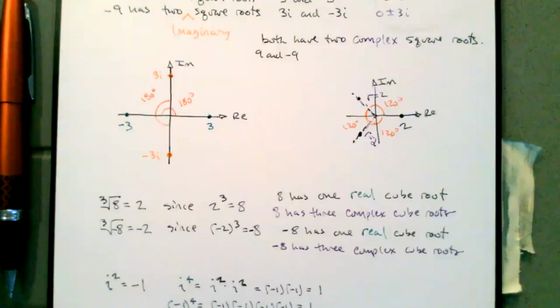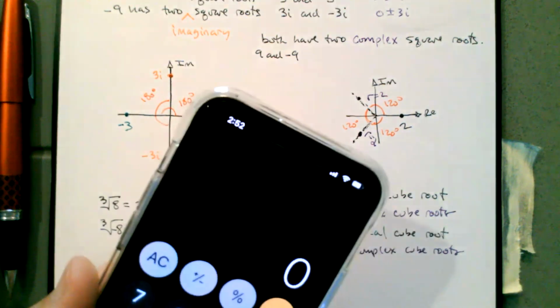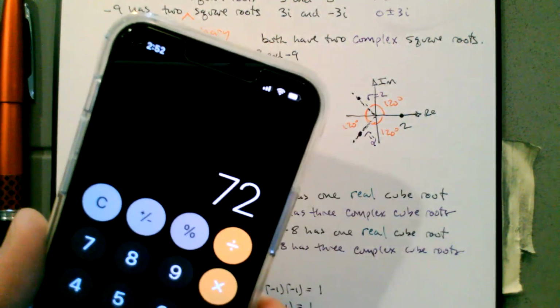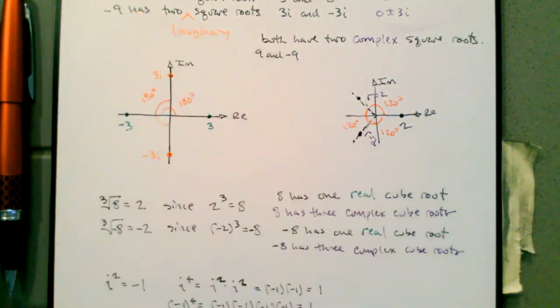That means we can also figure out if we have a fifth root, say the fifth root of 32, there should be 5 of them, and 360 divided by 5, they'll be 72 degrees apart. This is one of my favorite things to look at in trig. How organized the complex numbers are, how they're all evenly spaced.